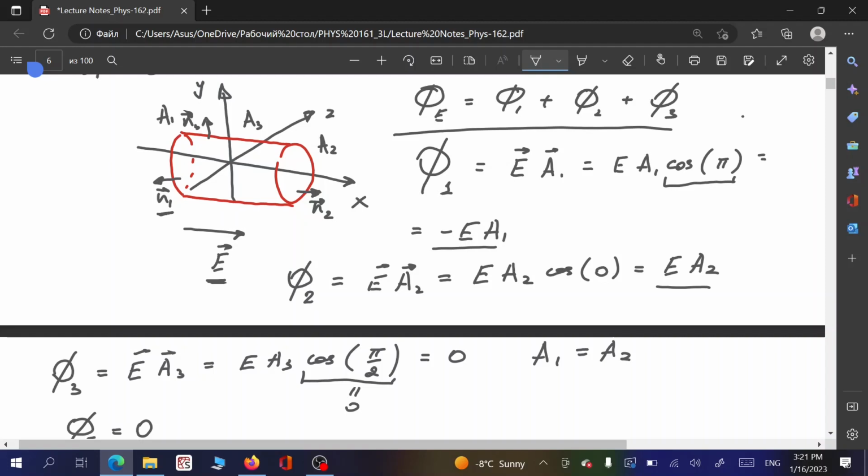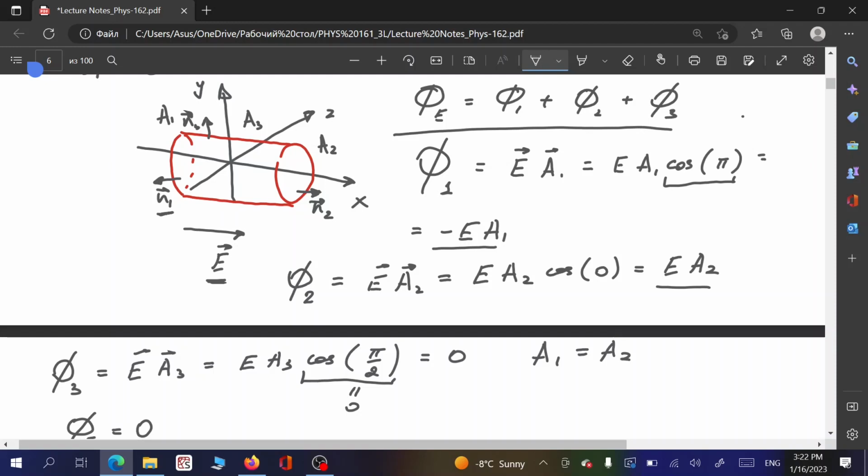So we see from this simple example that for a closed surface, electric field flux is equal to 0 when we just place this closed surface in an external electric field, without, as we will consider a little bit later, any charges which are sources of electric field placed inside this closed surface.